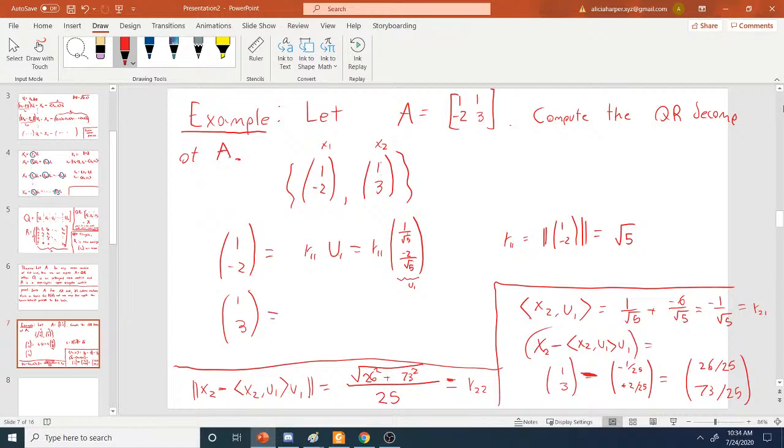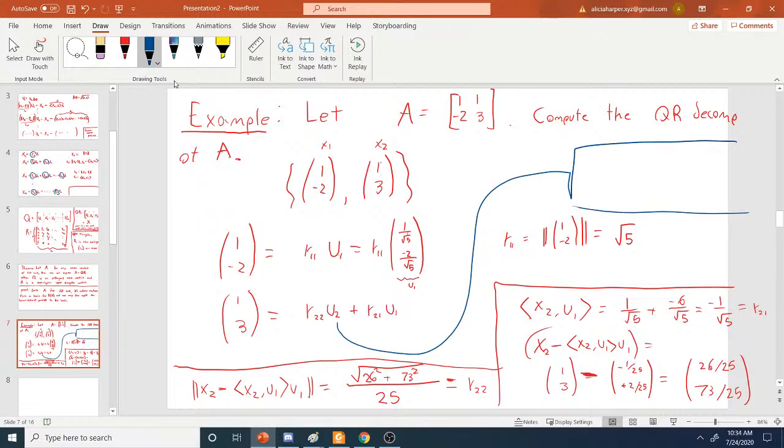So this is going to be equal to R22 U2 plus R21 U1. We already know what U1 is. We know what R22 is. And so let me go over here and say exactly what U2 should be.